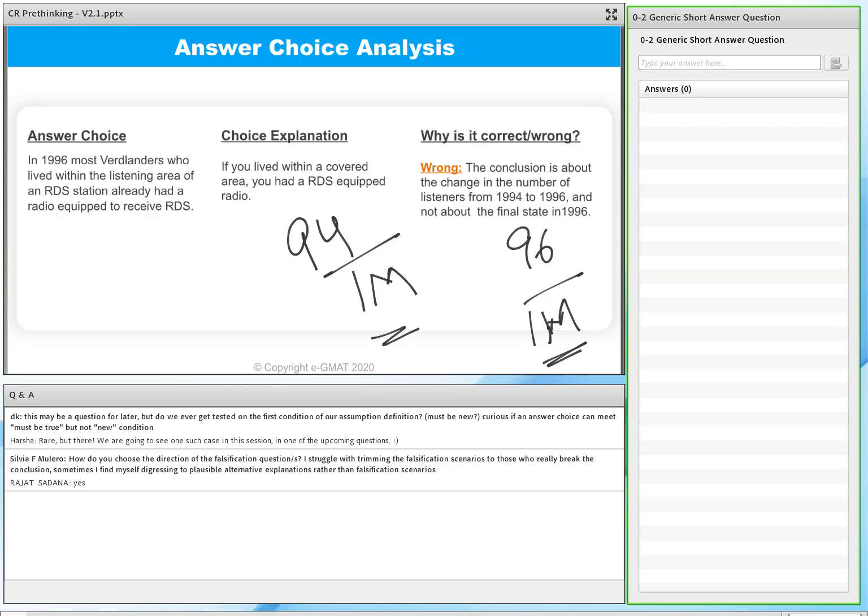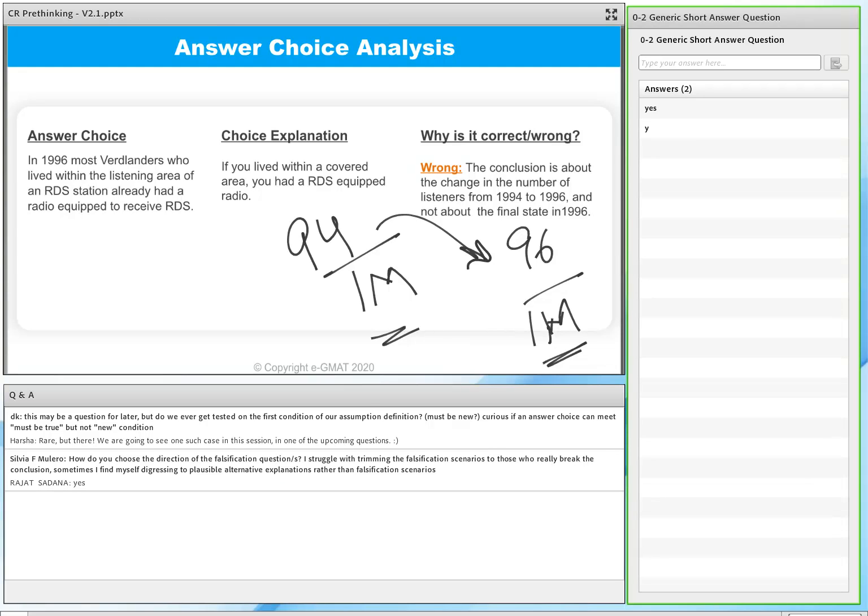Remember that conclusion, 94 to 96. Now, with that context in mind, let's look at this statement. It says in 1996, most Verlanders who lived within the listening area of an RDS station already had a radio equipped to receive RDS. What does the word most mean here?